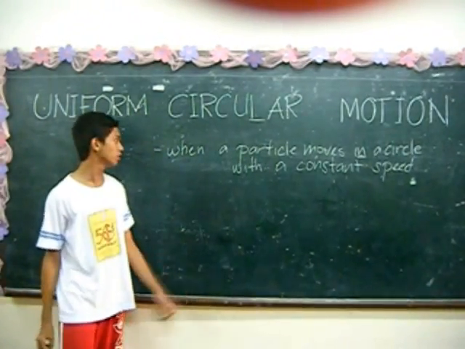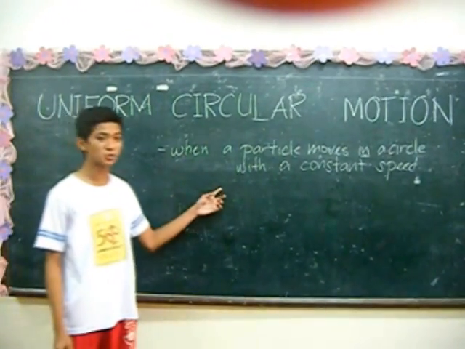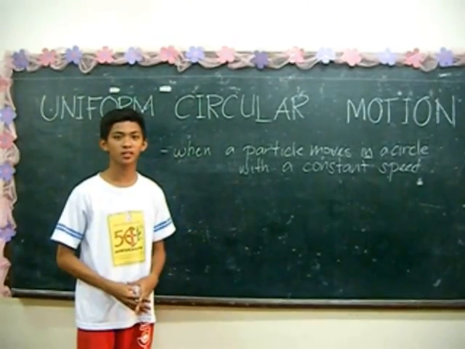Uniform circular motion is when a particle moves in a circle with a constant speed.